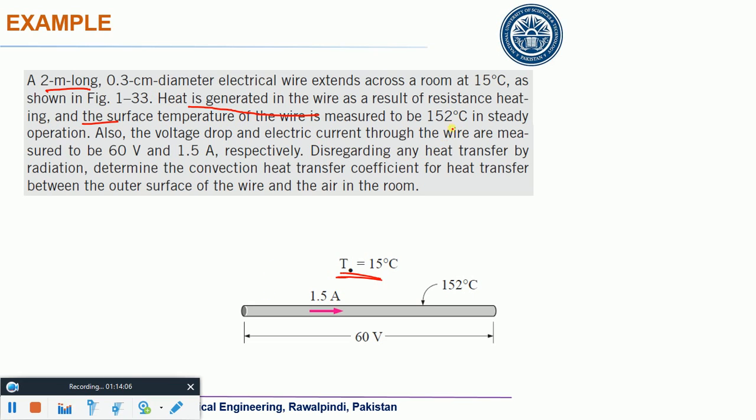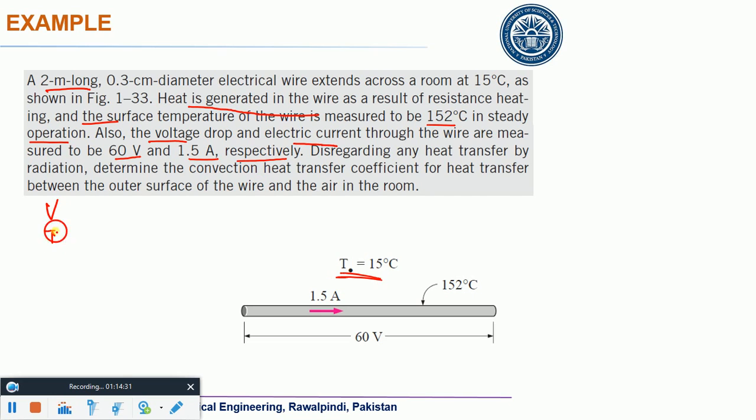The surface temperature of the wire is measured to be 152 degrees centigrade in steady operation. What do you mean by steady operation? Heat transfer rate does not change with respect to time. Also the voltage drop and the electrical current through the wire are measured to be 60 volt and 1.5 ampere respectively.